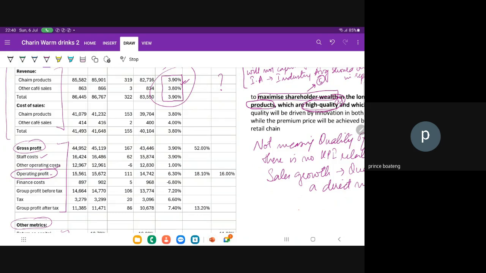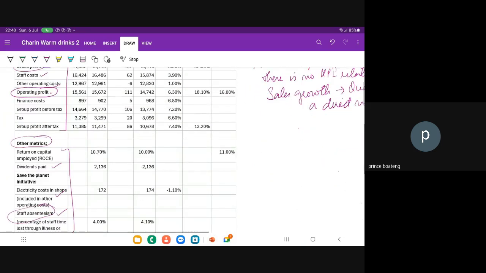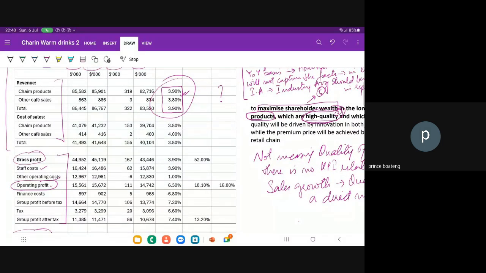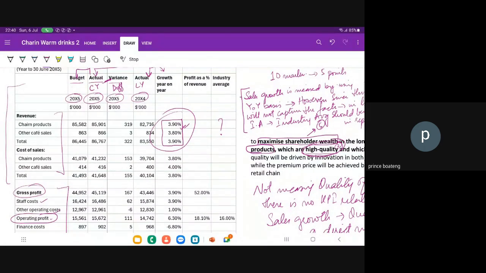Gross profit is given. All such things are given, but can we identify whether the company is selling the product at premium prices? No, because this variance actually represents a combination of volume and price both. It's not just volume, it's volume and price both, right?